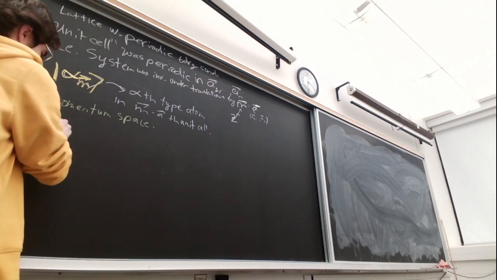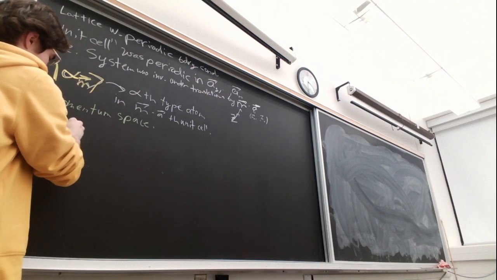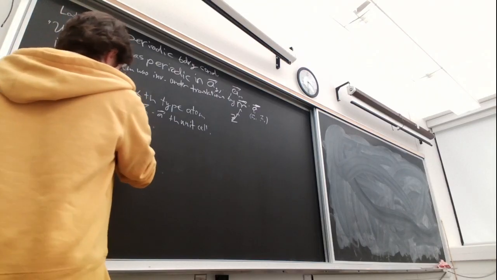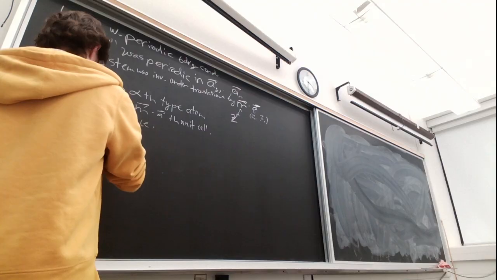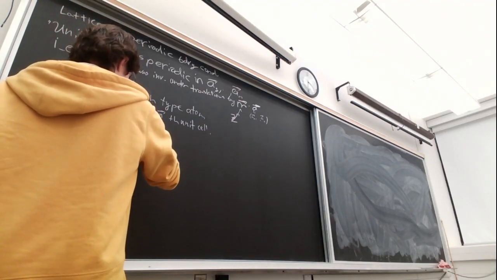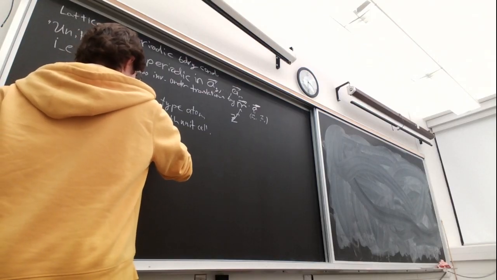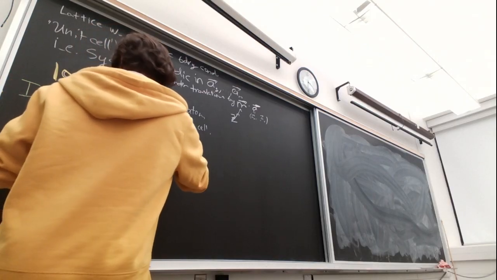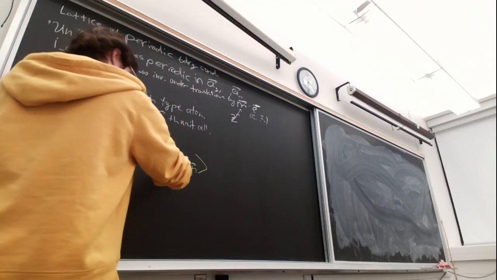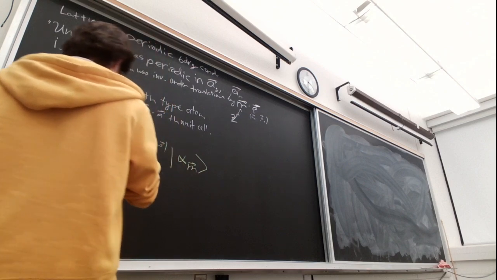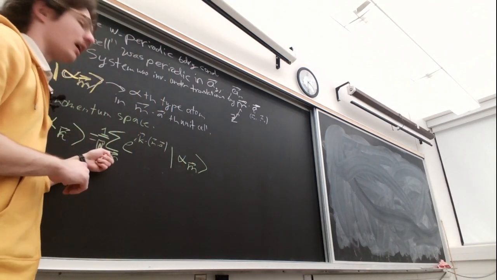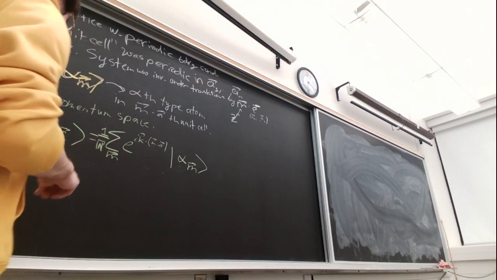The first one was for the alpha type of atom: the vector related to momentum k was just the Fourier transform, e to the i k dot m dot a, of the alpha type of atom in the mth unit cell, and we're summing over all the unit cells. So this was the first kind of basis we defined.